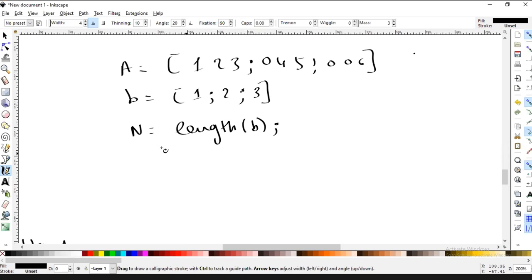Because the code I will use is general for any matrix A and b, that's why I don't choose 3 here. And then you can initialize x by zeros, it's a vector, right?